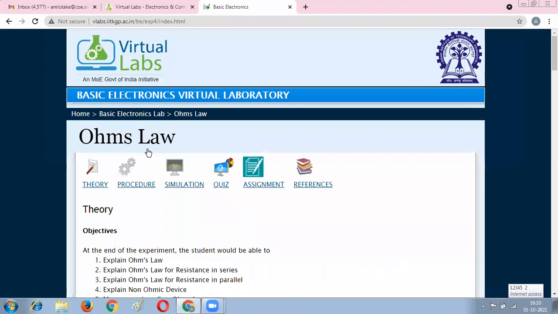When you click on Ohm's law, various steps will be there, again the same: the theory related to Ohm's law, the procedure while doing the experiment, and how you are going to actually perform it, that is the simulation. After the completion of the experiment, if you want to see the quizzes, the questions related to the experiment, you can see them. You can see the assignment and references also. So what is the theory related to Ohm's law?